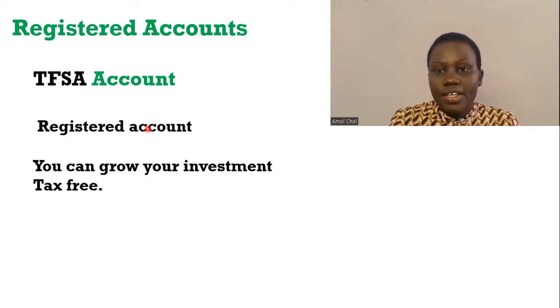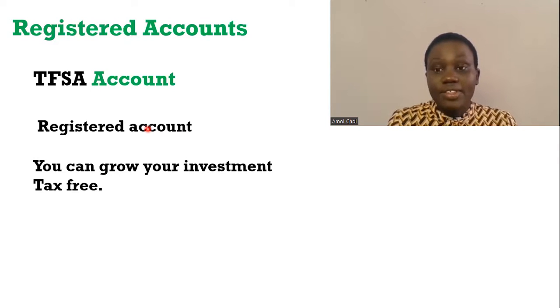That is the advantage of TFSA over cash account or margin account, because if you put that money in a cash account, it is not in a registered account, so it's not considered already taxed. But the TFSA gives you that tax advantage: whatever you grow on the income that you contribute into it is tax-free. You will withdraw that 1,000 and you don't have to pay tax.